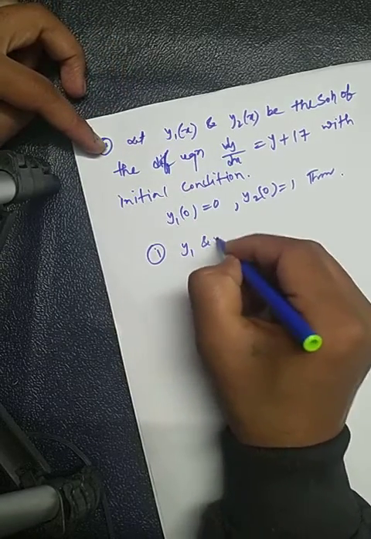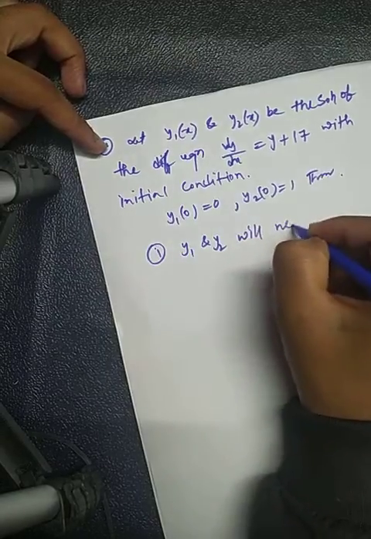Option 1 is y1 and y2 will never intersect.